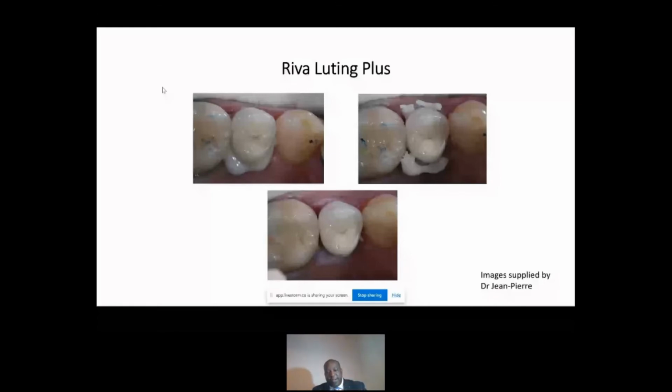Don't worry about trying to clear up straight away, because if you do, you could distort the final result. So again, although I'm saying that I like it, I would encourage you to look at the evidence. Ask your reps for the evidence to see why resin modified glass ionomers are good to use.